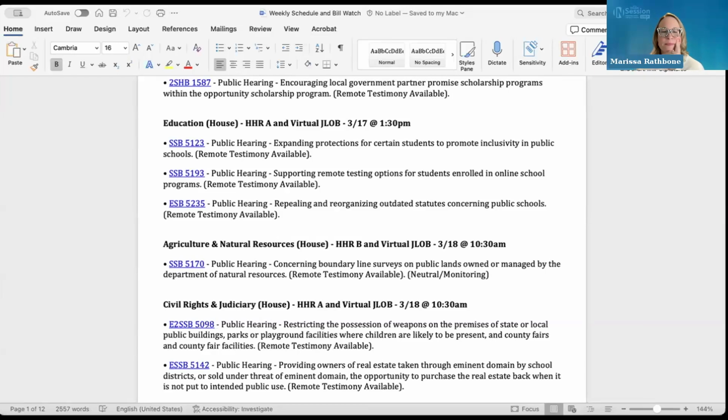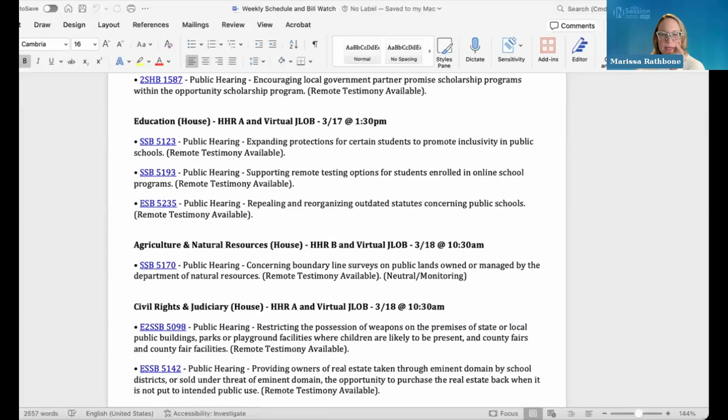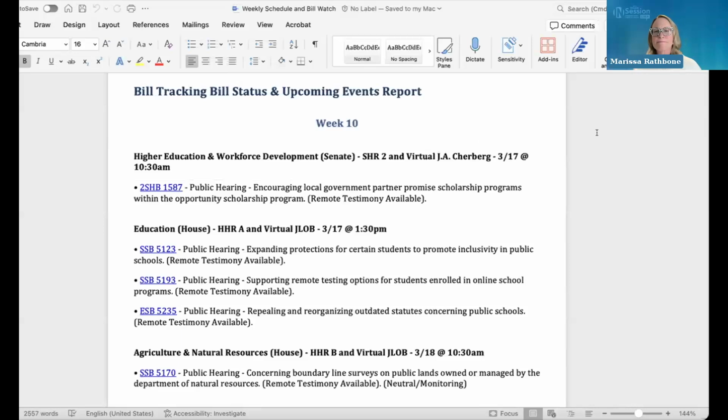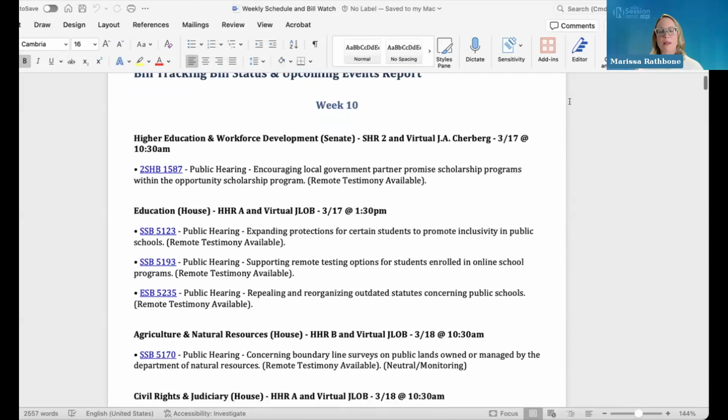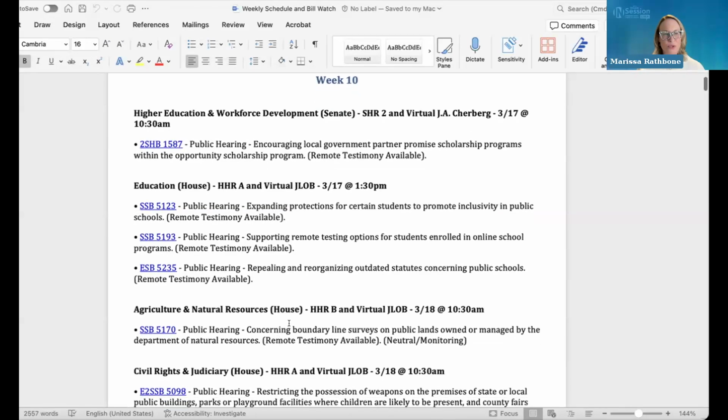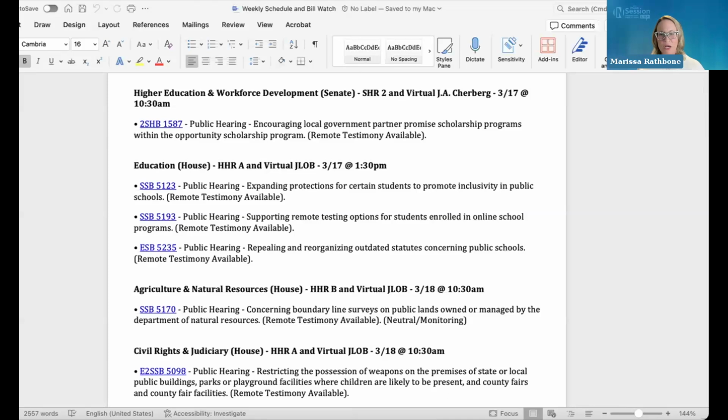Looking for the bill. Sorry, I inverted the numbers. 1531. Also don't see that bill on the bill watch. So I can go to the Washington State Legislature online website, or we can handle it individually.